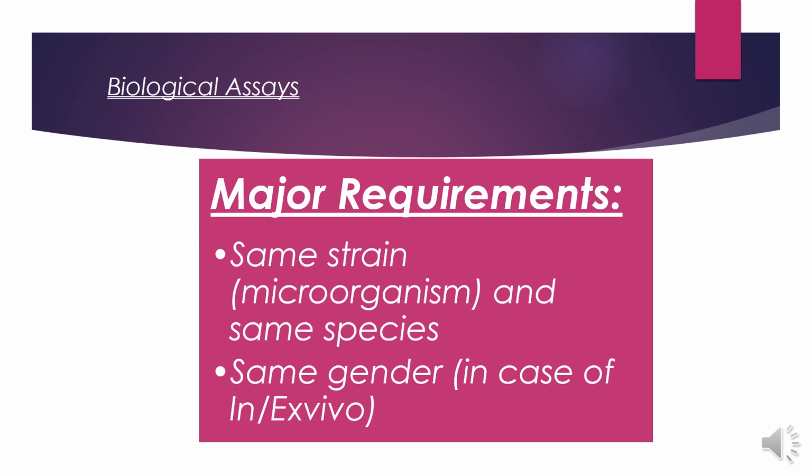When you are using intact animals or isolated tissues, along with the same species, you have to choose the same gender, so that there wouldn't be much difference in the effect, as biology does not remain the same and cannot provide you an accurate result. That's why you have to choose the same strain in the case of microorganisms and cell cultures where strains are available. Otherwise you have to use the same species and the same gender.